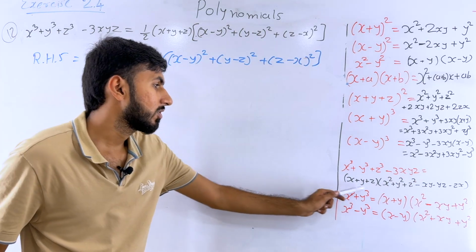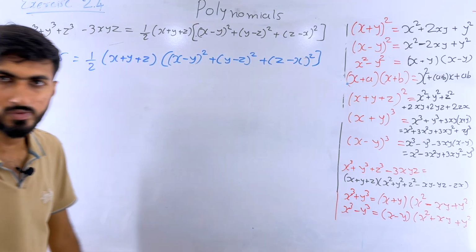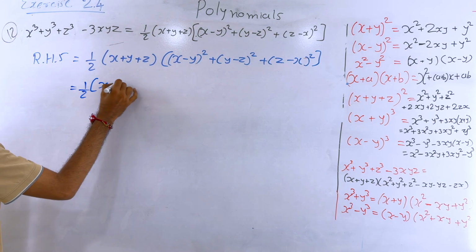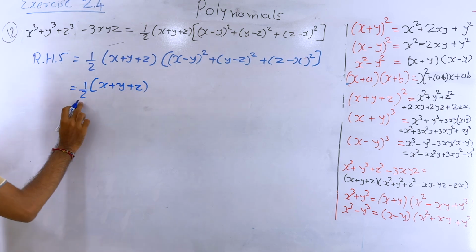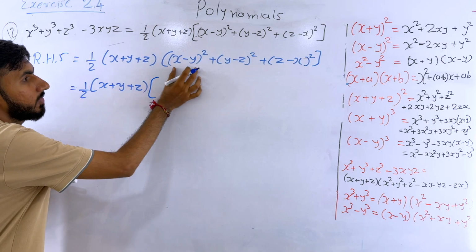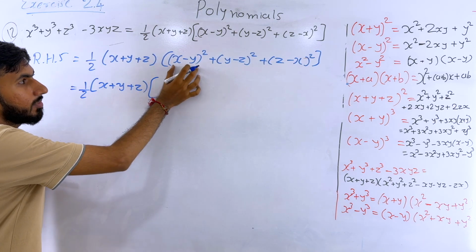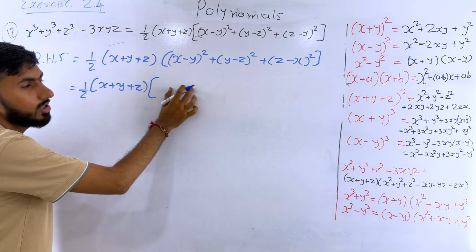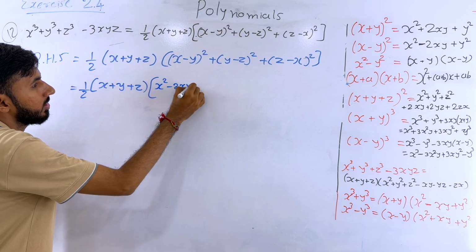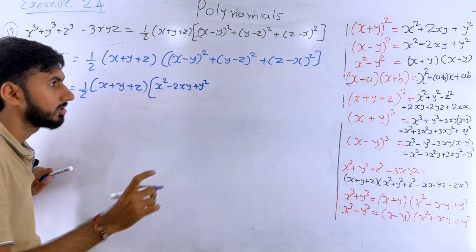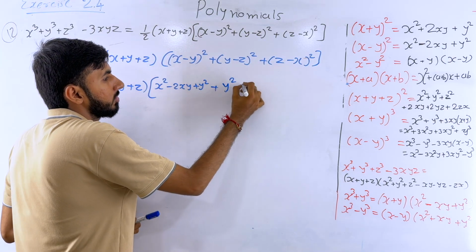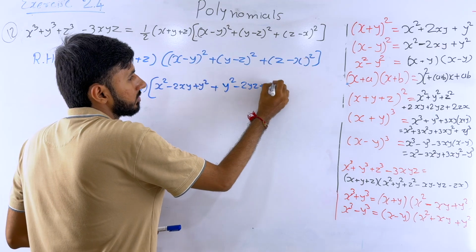Then I can write the multiplication of both like this. Very easy. So let me write the first bracket as it is. We will do something with the 1 by 2 in a later step. Now if I apply the identity of (x minus y) square here, it will look like x square minus 2xy plus y square. Now if I apply the identity here, it will look like y square minus 2yz plus z square.